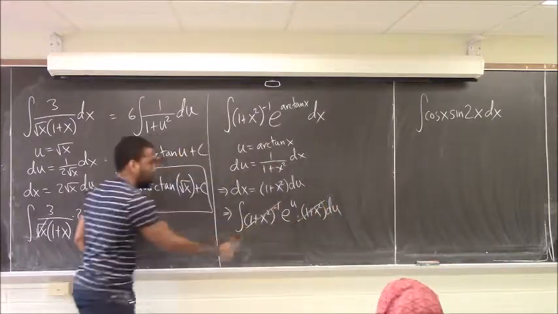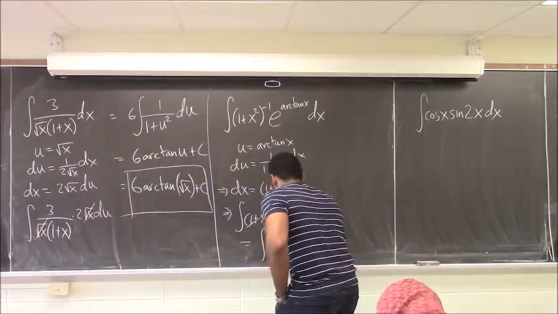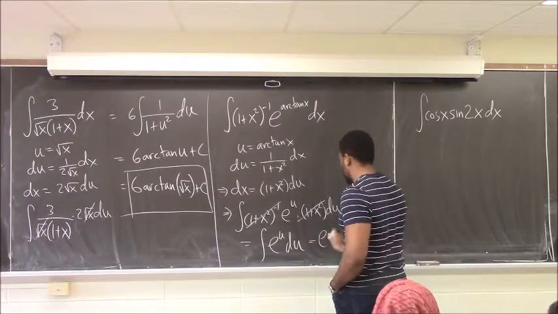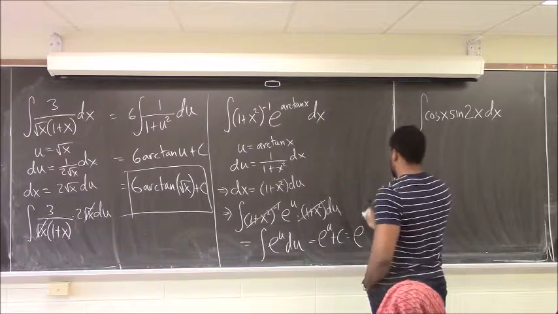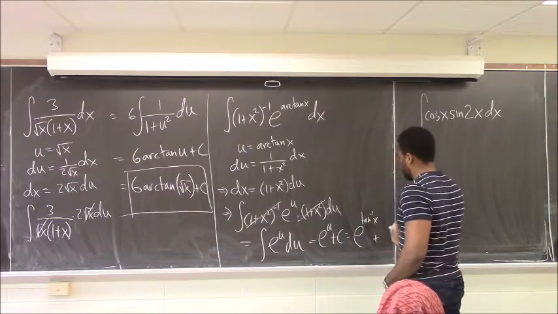This will cancel it out. So we end up with the integral of e to the u du, which is basically itself, e to the u plus c. So that's e to the tan inverse of x plus c.